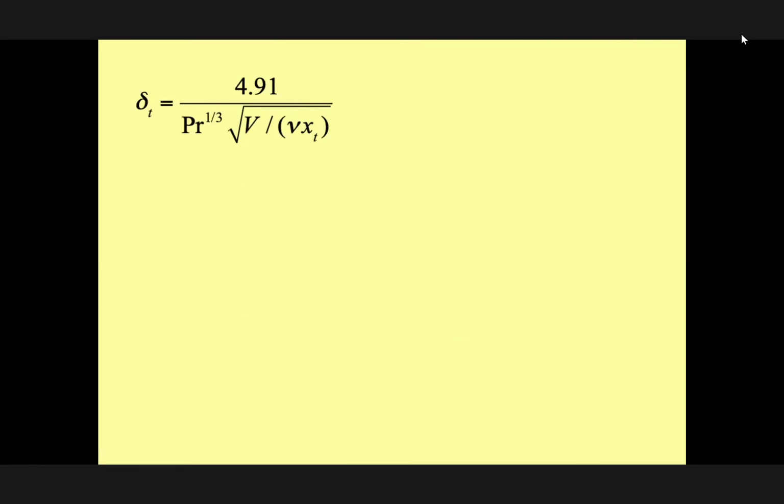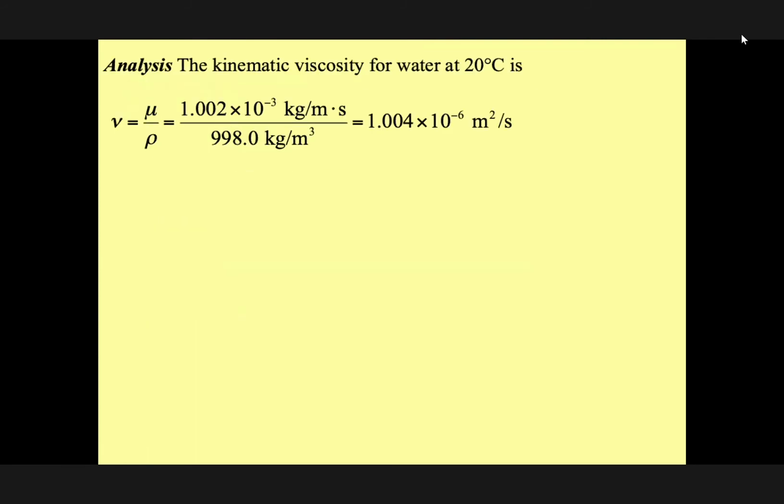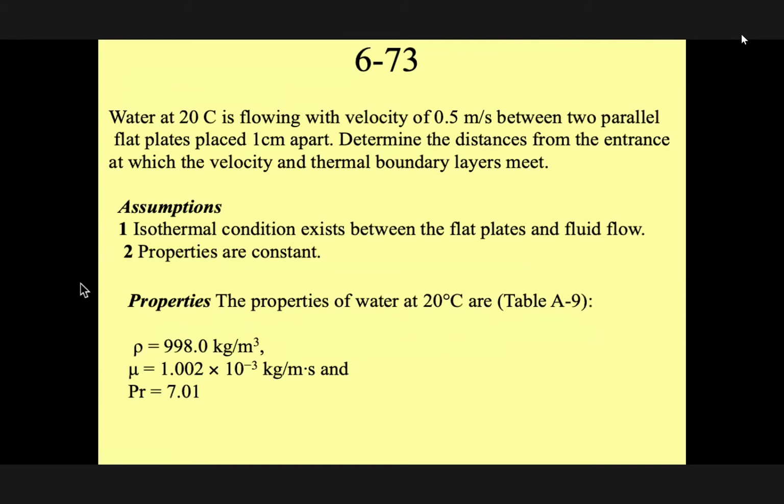And here is the expression that you have for the thermal boundary layer. Again, the same equation, but here we have this Prandtl number. Where does it come from? It comes from the textbook, and the Prandtl number is 7. Okay, 7 right here.